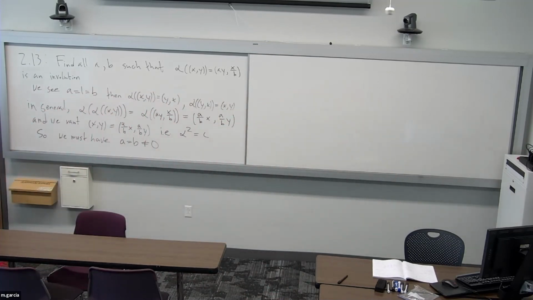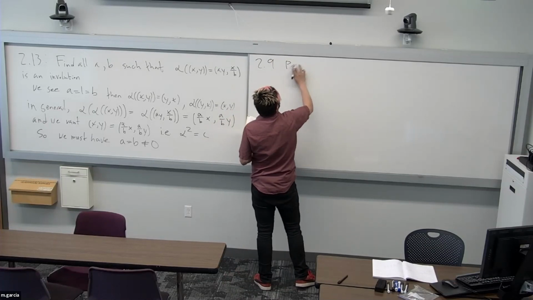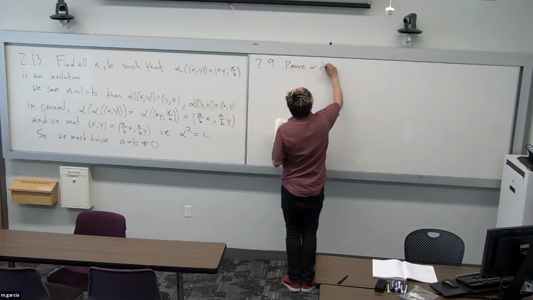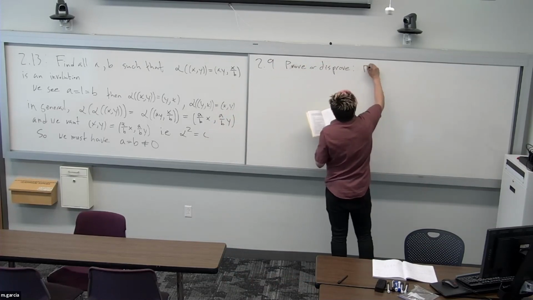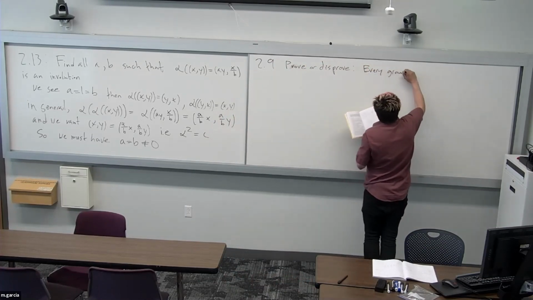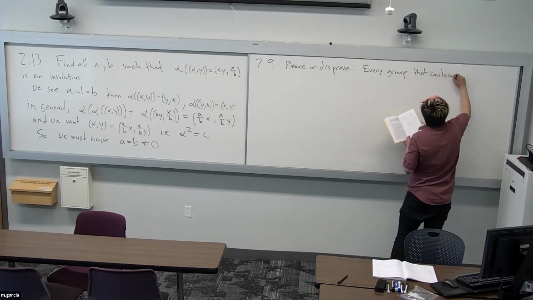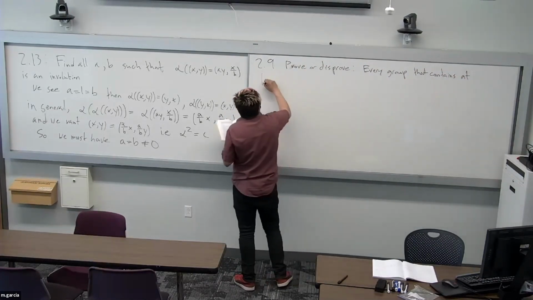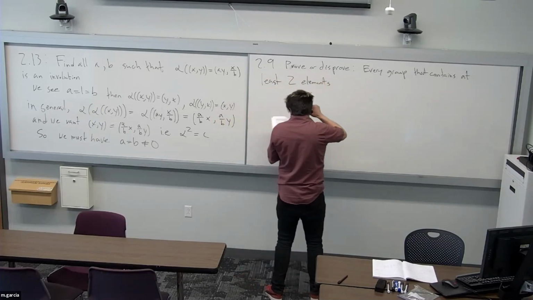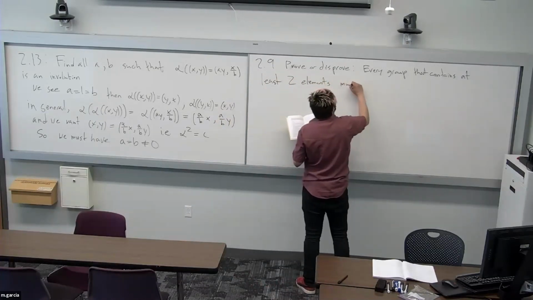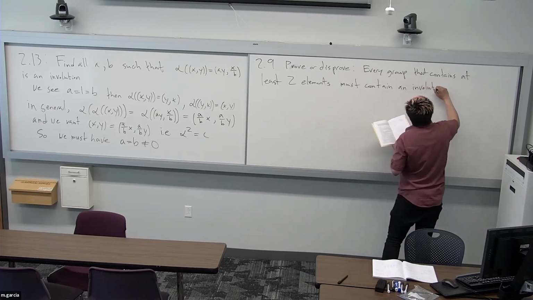Question 2.9 says, prove or disprove: every group that contains at least two elements must contain an involution.